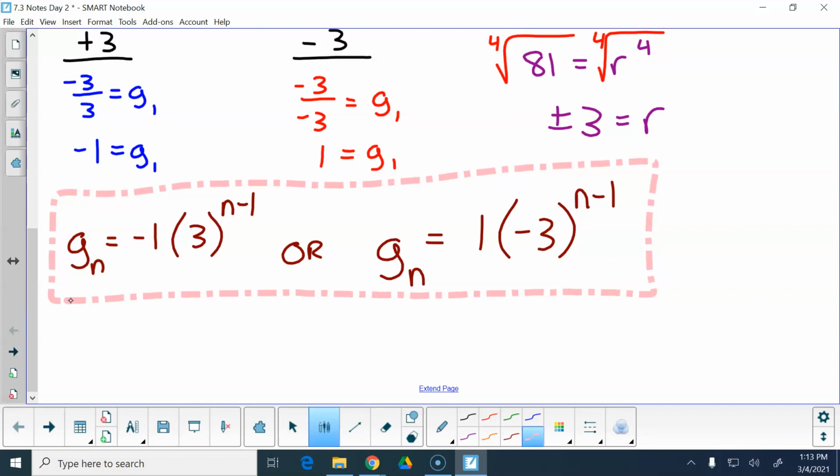I would also accept here just negative 3 to the n minus 1 power because it's positive 1. On the other one, you got to have that negative 1, or have negative outside the parentheses.